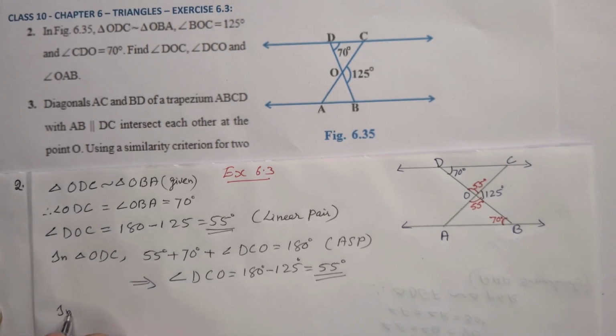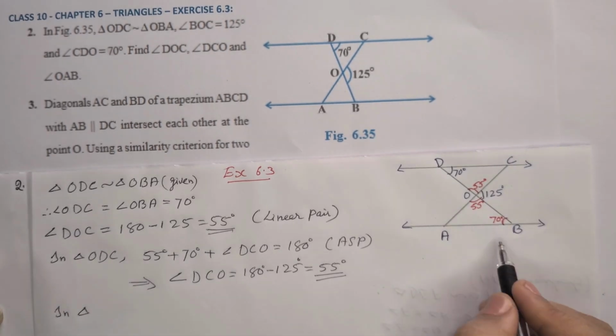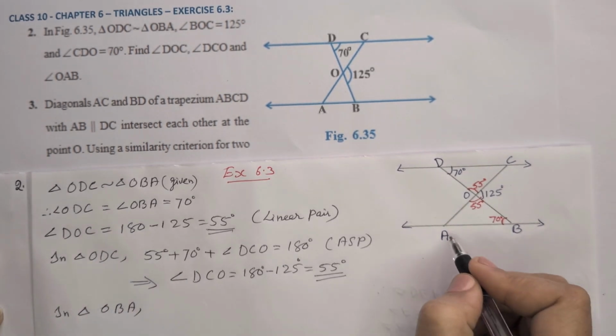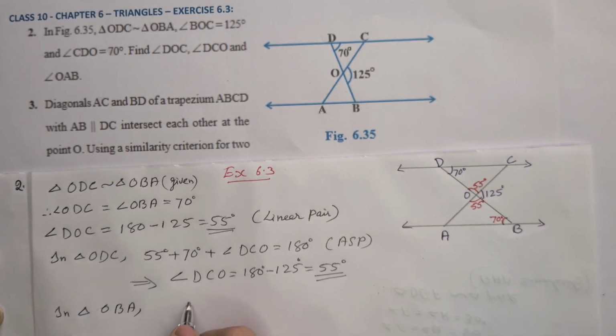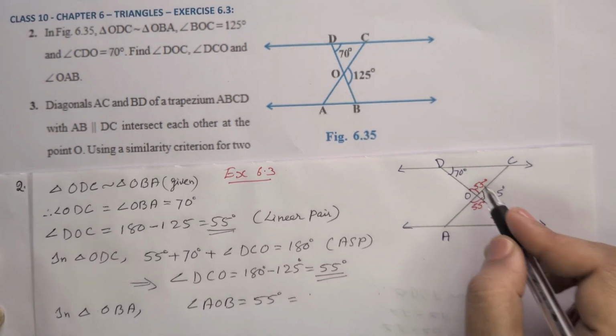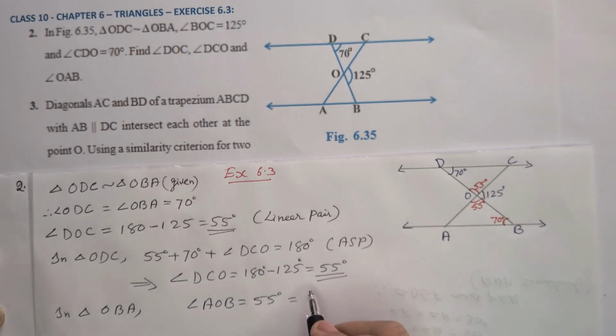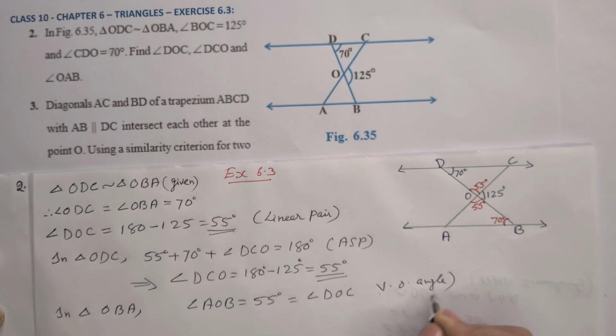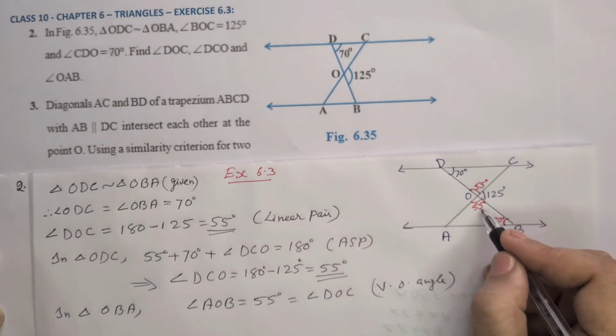Then in this triangle OBA, angle AOB is equal to 55 degrees, the same as DOC, because vertically opposite angles are equal.